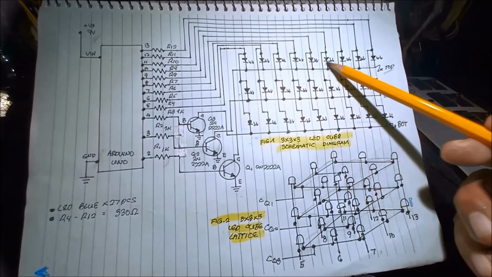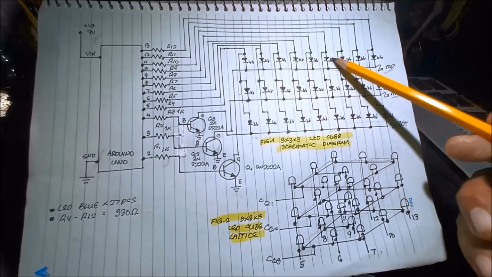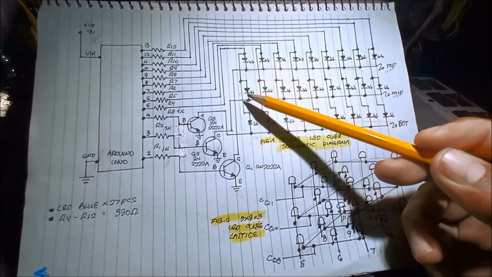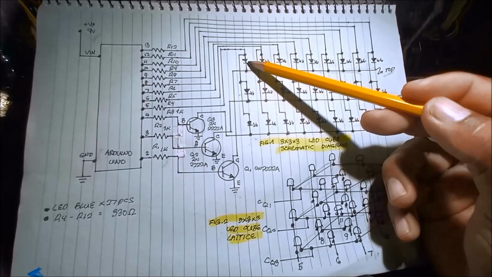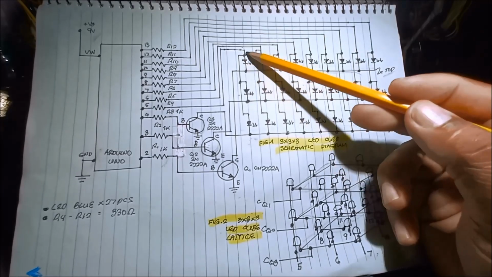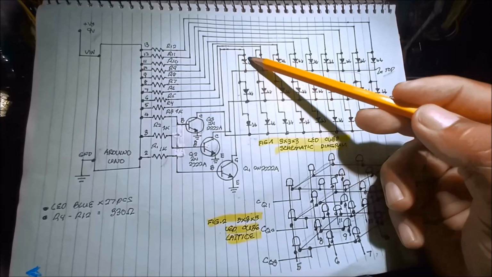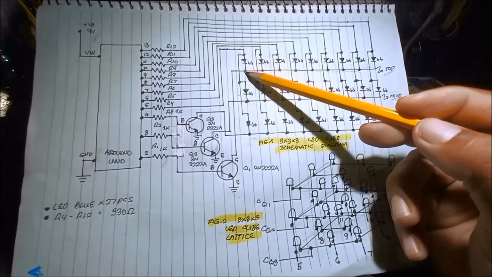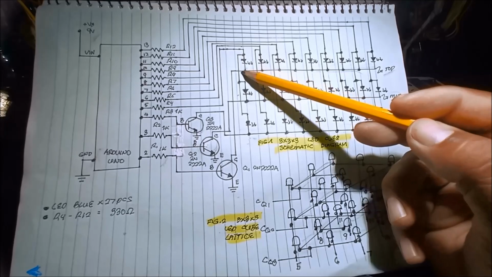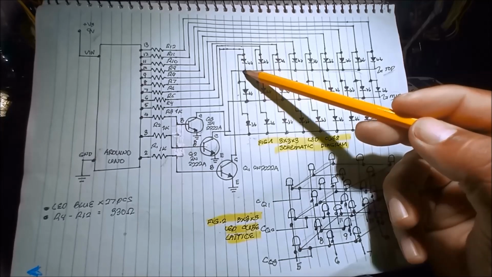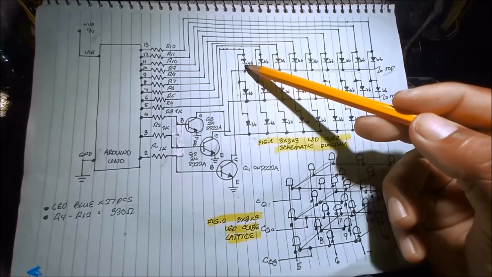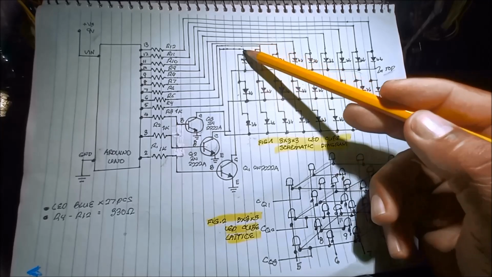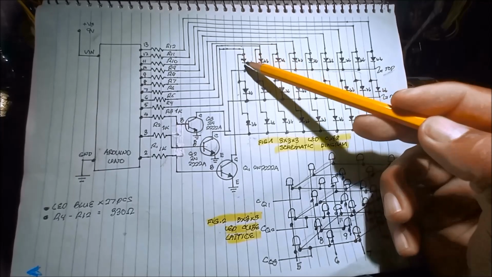Because we're controlling the anode of the LEDs. So if we're planning to turn on this LED, we're going to set the anode high, and then the cathode high.